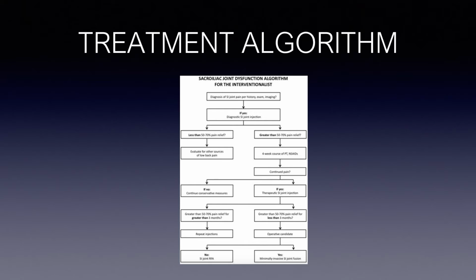If the pain is not getting better, we have to continue to evaluate them and continue conservative modality of treatment. Those cases are not a good candidate for sacroiliac joint fusion.